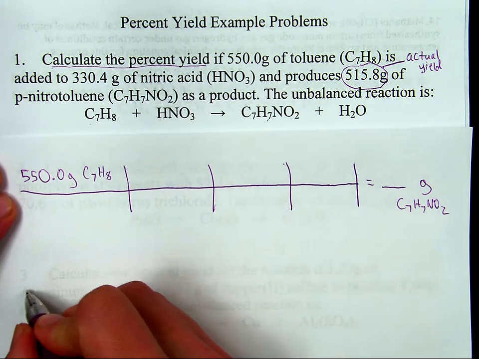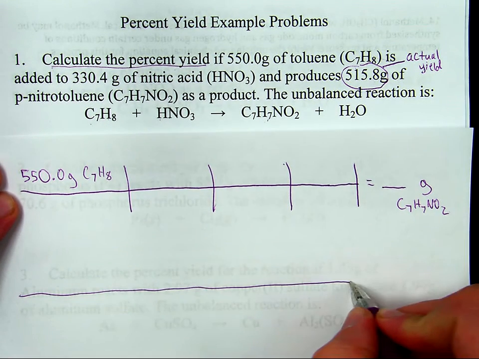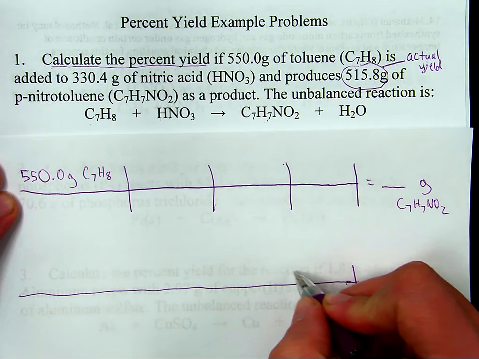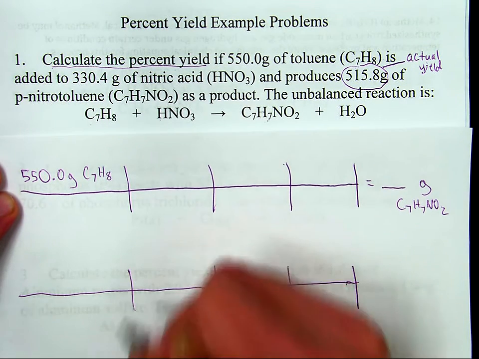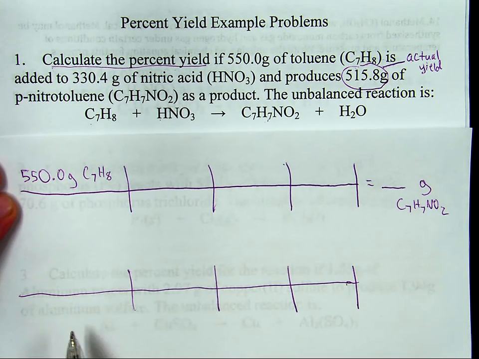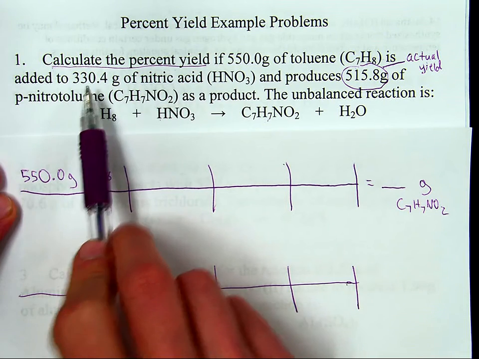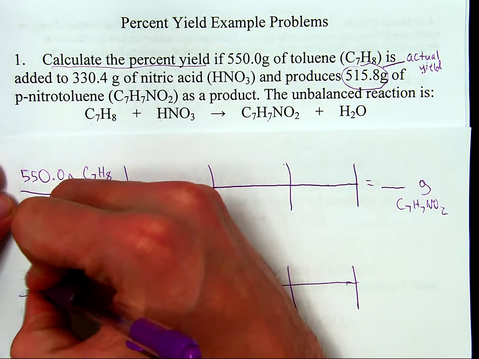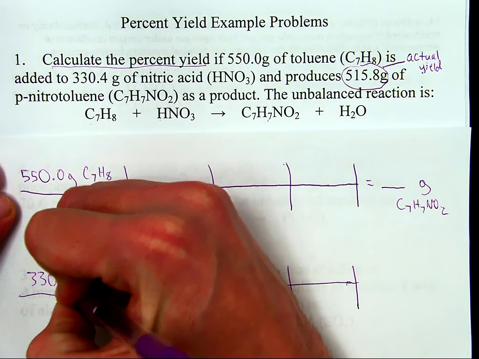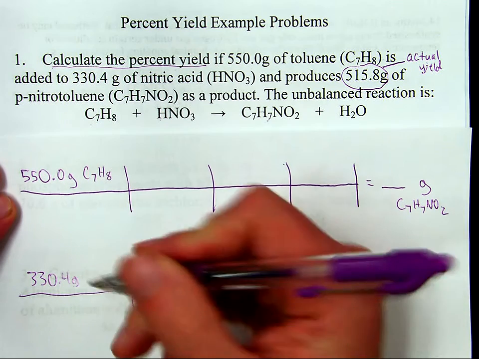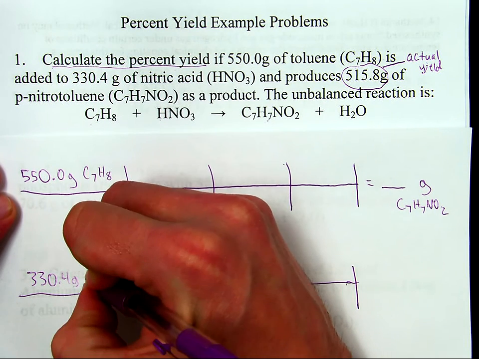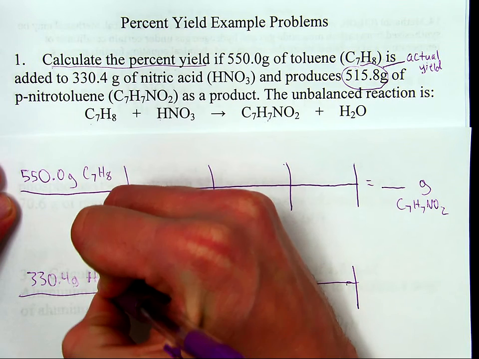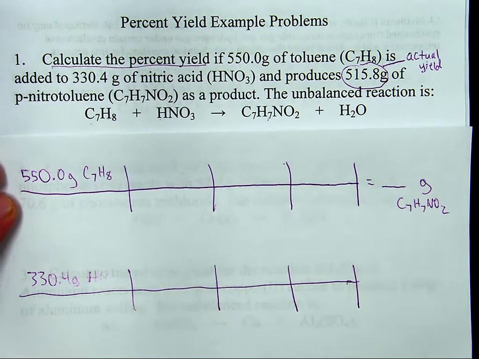And I'll do the same thing for the other chemical reactant involved here. So just setting up the equation piece there. So the other chemical reactant, nitric acid. Okay, so then let's put in the 330.4 grams of nitric acid. Uh-oh, seems I've had the pen die on me.